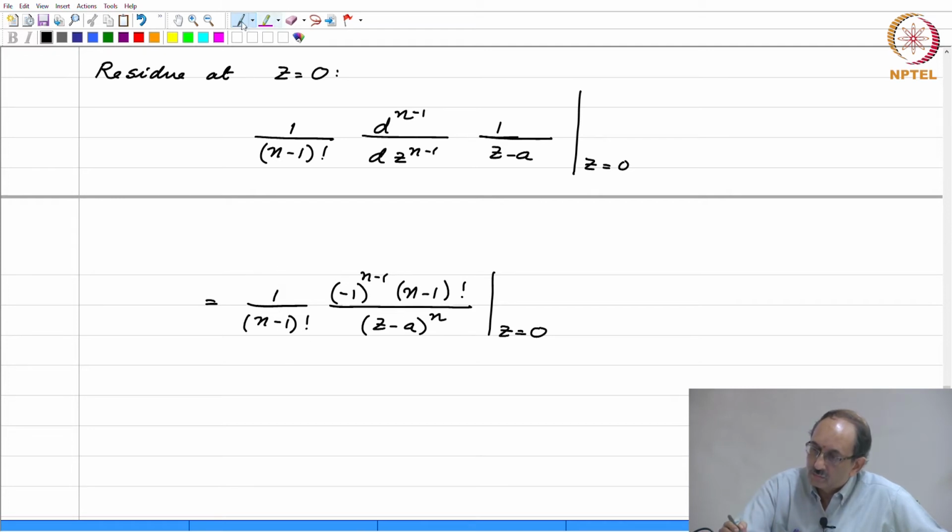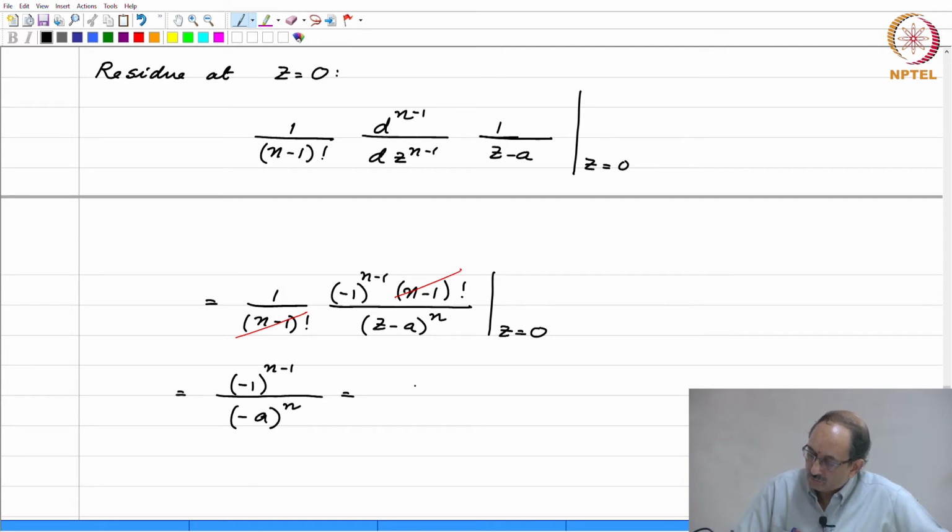So, nice cancellations are happening here. This cancels out, and then you need to evaluate this at z equal to 0. Therefore, you have minus 1 to the n minus 1 by minus a to the n.